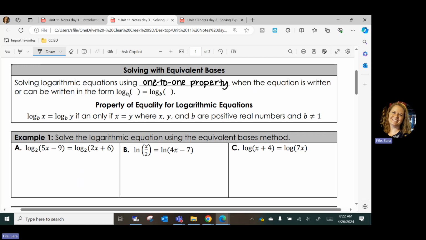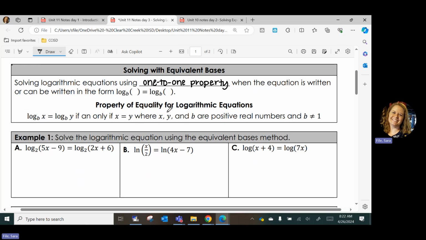So if you have the same log base on the left and the right-hand side, and there's nothing extra, no coefficients, no constants added on the outside, just log of something equals log of something, and the base of the logs matches, then what we are taking the log of must be equivalent.